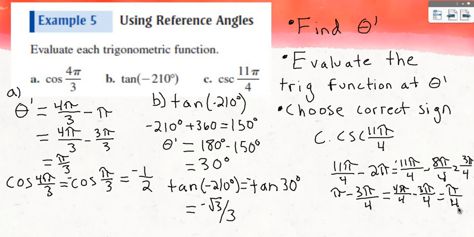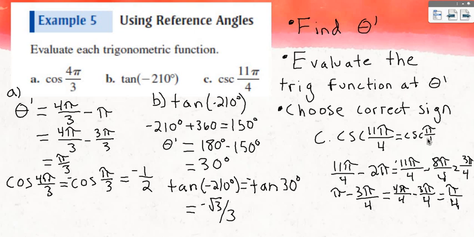So we know that cosecant of 11 pi over 4 is going to equal cosecant of pi over 4. Well, hopefully we remember that cosecant is the reciprocal of sine. Sine at pi over 4 is going to be the square root of 2 over 2.